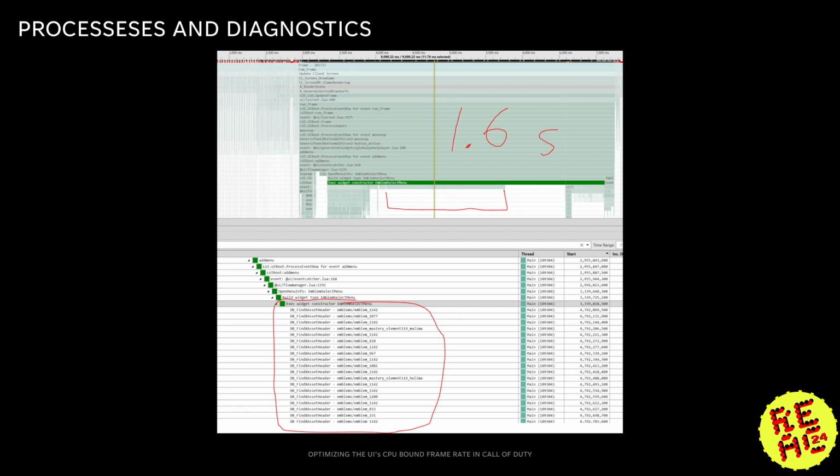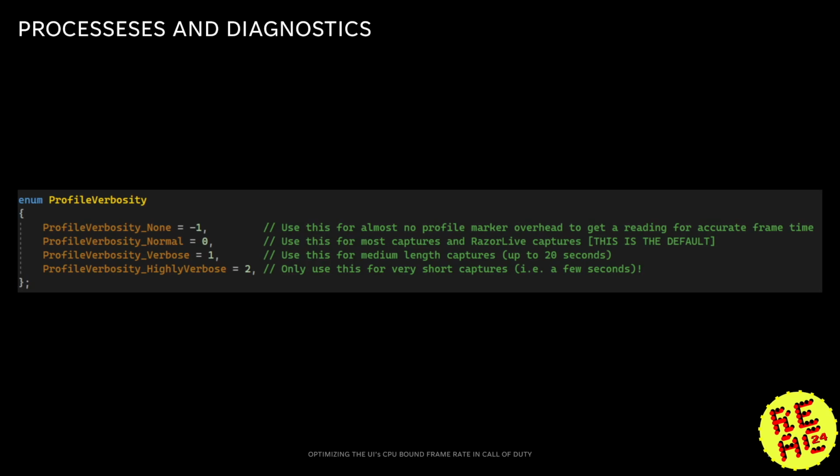So obviously, just one thing that I will add is that you don't want to have a high level of profile verbosity in your markers turned on at all times, because this really pollutes the captures and also overflows the user marker buffers, which are obviously not infinite.